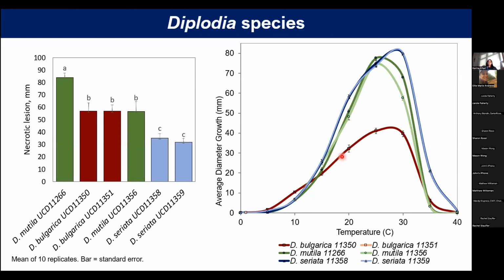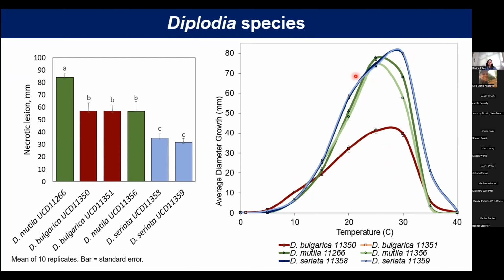So here we have that for Diplodia bulgarica, the mycelium growth rate is lower than these other two species, and also we can see that the optimal temperature for that species to grow is between 25 and 30 Celsius degrees. And for Diplodia seriata, it is also between 25 and 30, but for Diplodia mutila, it is 25.